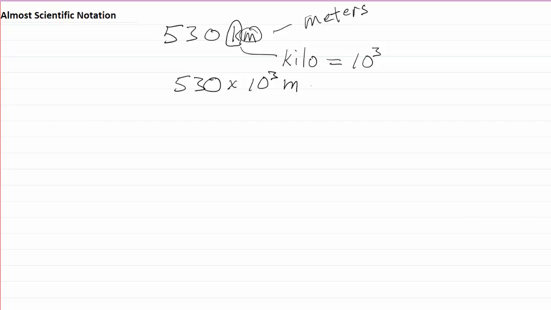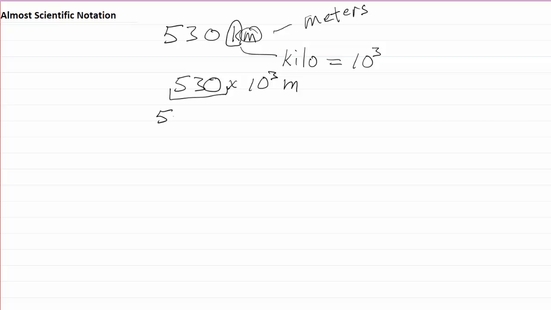And this is what I mean by almost scientific notation. Scientific notation should always be a number that's between 1 and 10, multiplying some power of 10. Well, 530 is not between 1 and 10, but I can convert it into scientific notation.